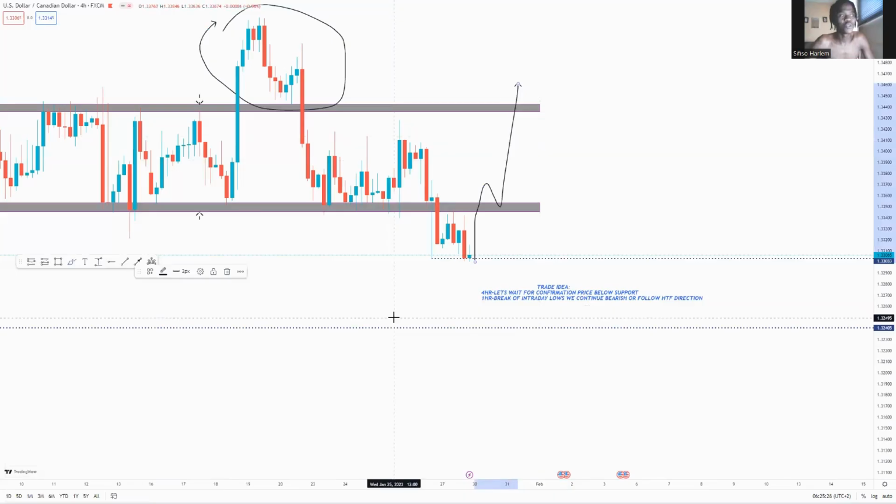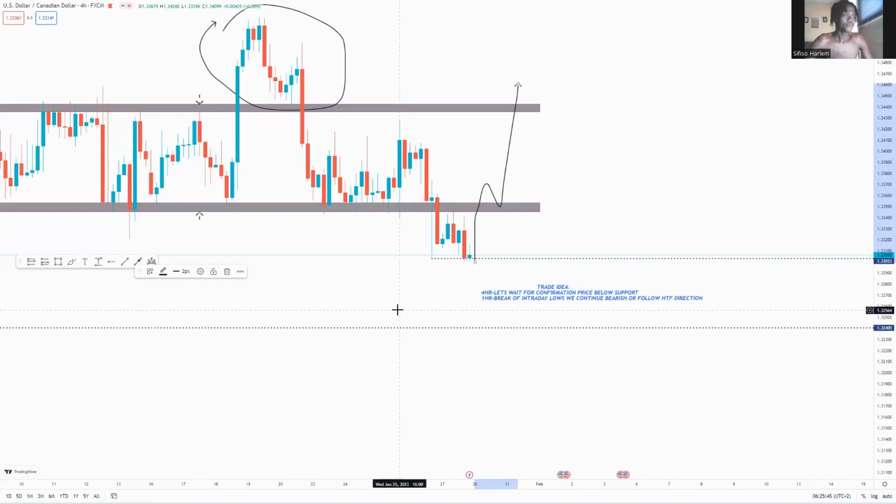So that's my take on USD CAD. I'm simply not looking for much, because I don't have a clear confirmation right now on what to do in the coming week. But we'll keep it mindful. We'll keep a close eye on it and look for what we can trade, and let the rest be history.